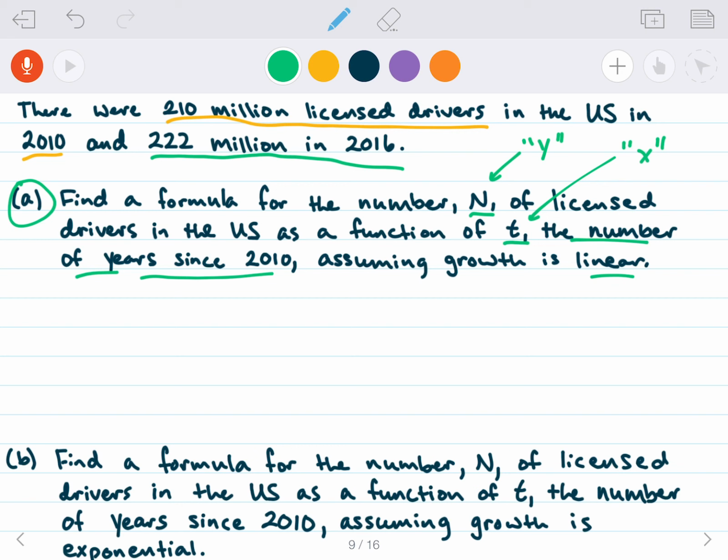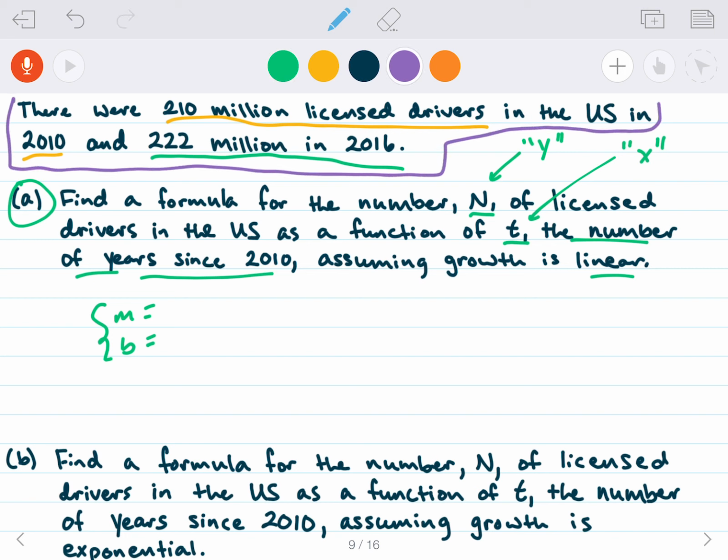Now, a linear function needs two things. It needs a slope, and it needs a y-intercept. So how can we find these two things to write our function? Well, the y-intercept is b, and that's our starting value. The starting value is going to be in the year 2010, right?